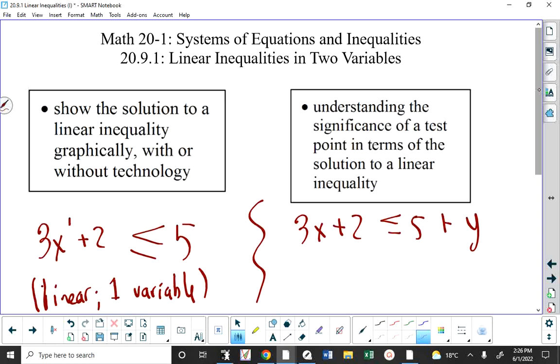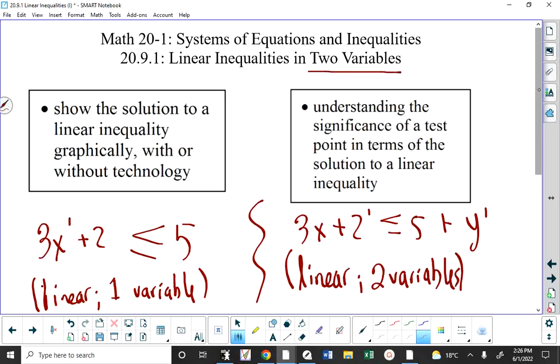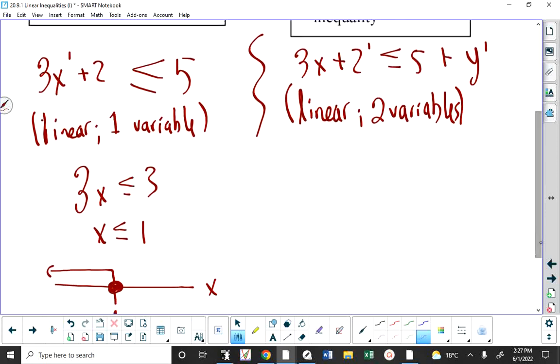Now what we have is a linear inequality. The variables are all raised to the 1, so this is still linear, but it's in 2 variables. That's the difference. You already know how to solve linear inequalities with one variable, but with two variables, you don't know what's going on yet. The solution to this linear inequality in two variables is complicated and it cannot be summarized by a line graph.